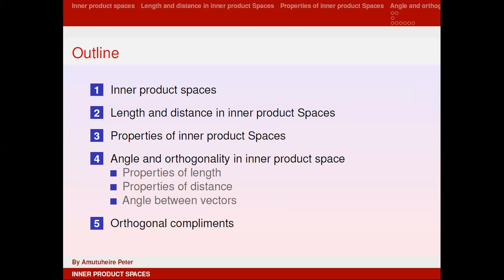We look at the properties of inner product spaces. We look at angles and orthogonality. We define what it means for two vectors in an inner product space to be orthogonal and orthonormal. And then lastly, we talk about the orthogonal complements.